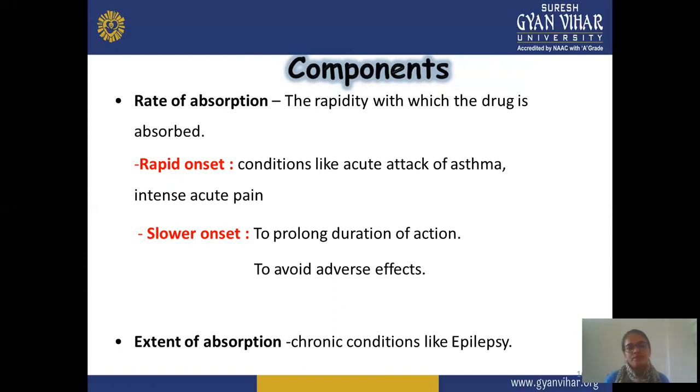Second is slower onset. If you require a prolonged duration of effect for a long period of time, or you want to avoid adverse effects, in this condition slower onset of a drug is required. Next is extent of absorption. In chronic conditions like epilepsy, extent of absorption is the important condition.